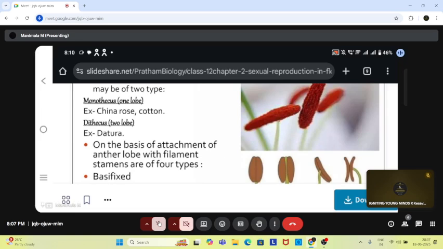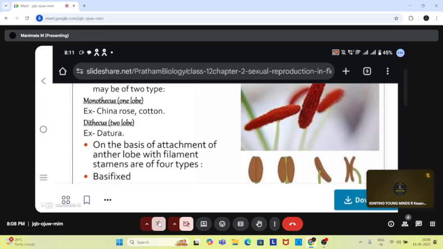Four pollen chambers, four microsporangia: an anther having two anther lobes and four microsporangia, or pollen chambers, is called dithecous. We can also call it a two-lobed anther. And monothecous has only one lobe, with two microsporangia. So this is the thing you want to know.